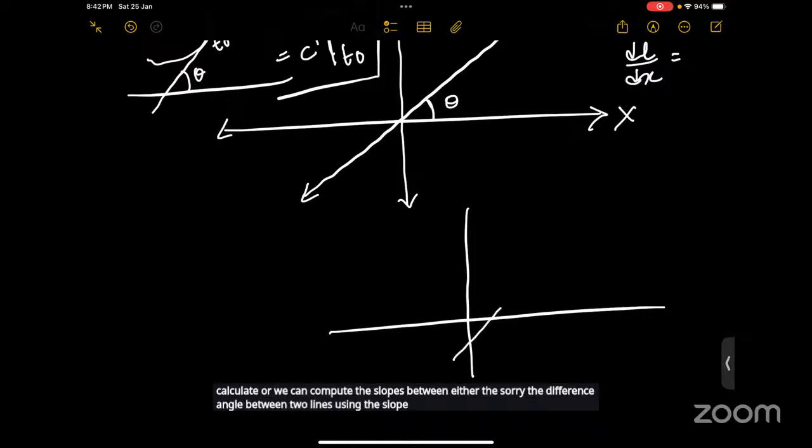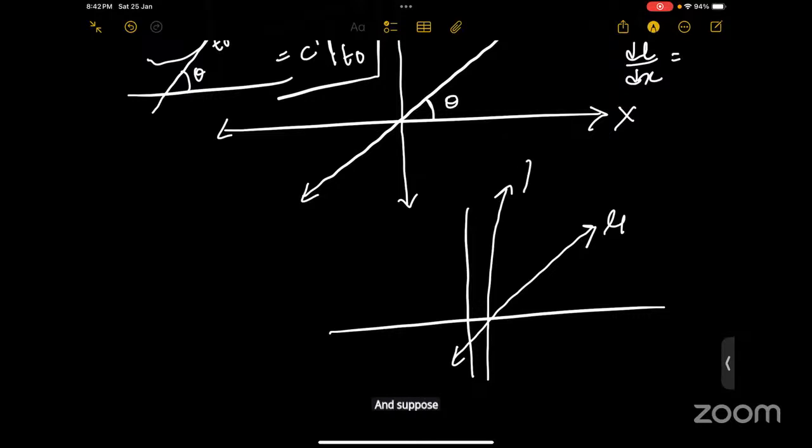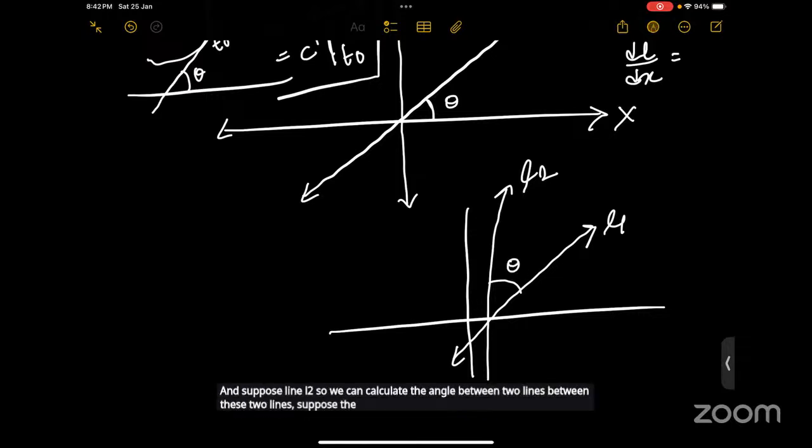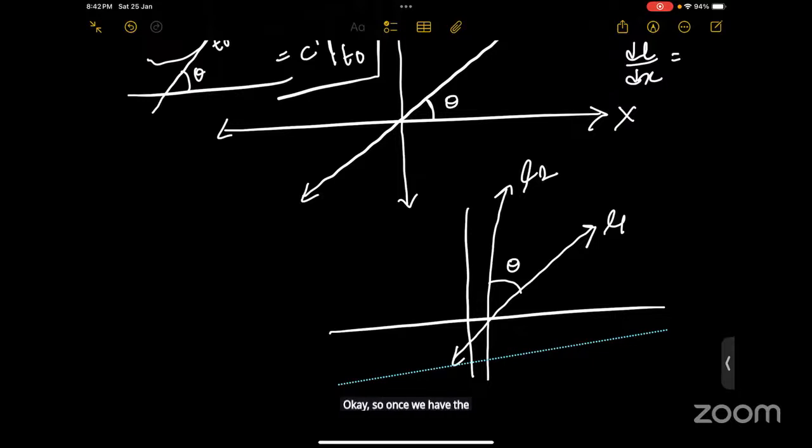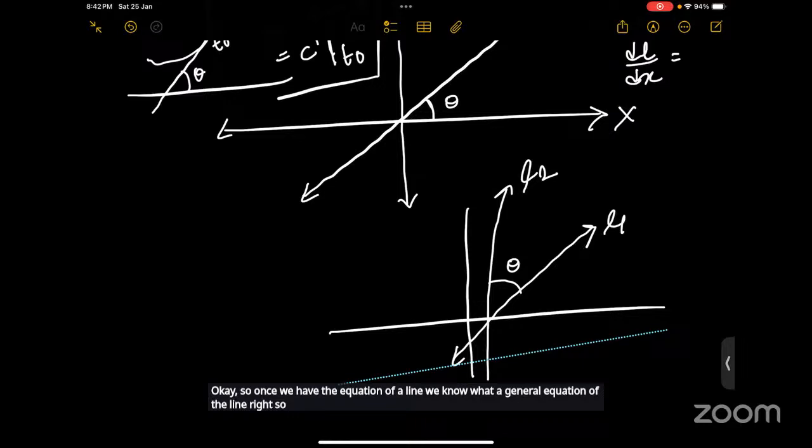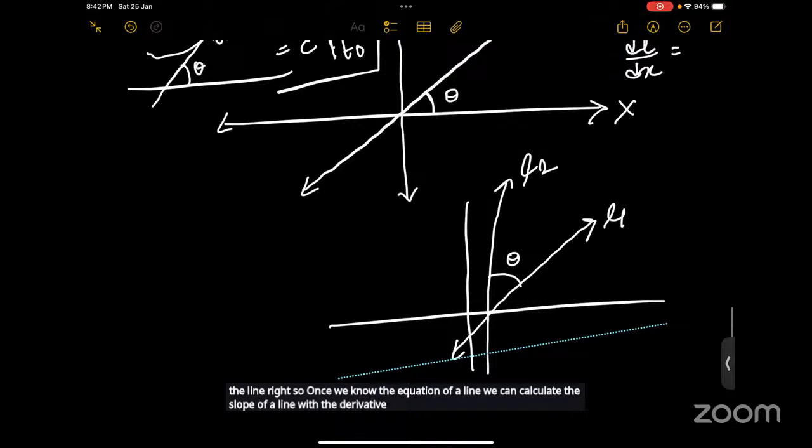If I have two different lines, line L1 and line L2, we can calculate the angle theta between them using the slope. Once we have the equation of a line, we can calculate its slope with the derivative, and then we can calculate the angle between the two lines.